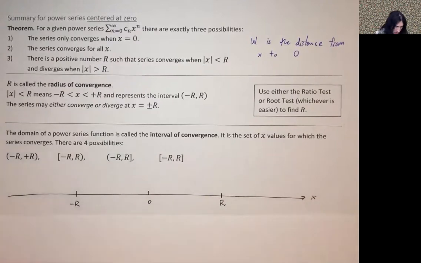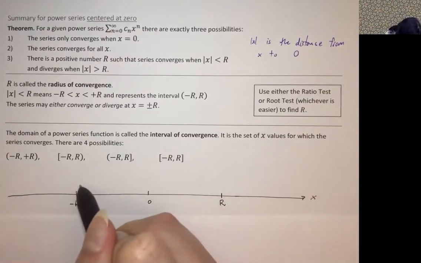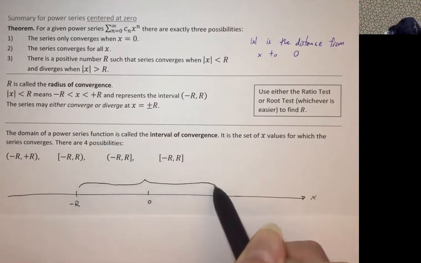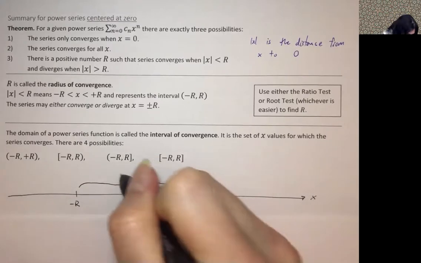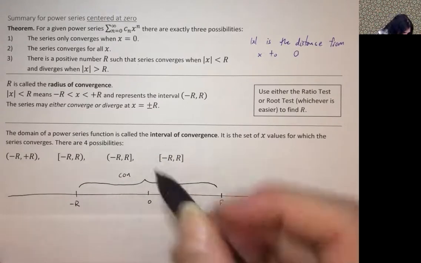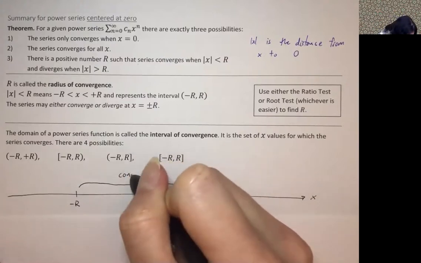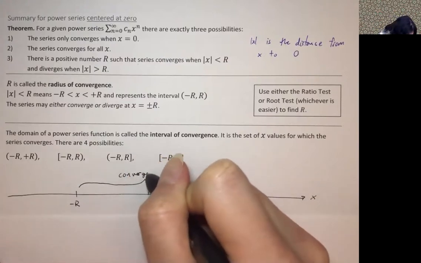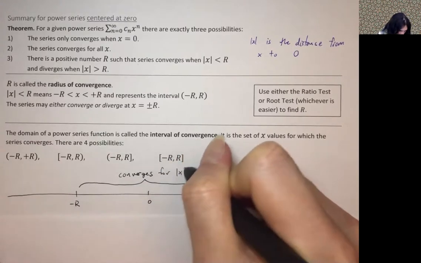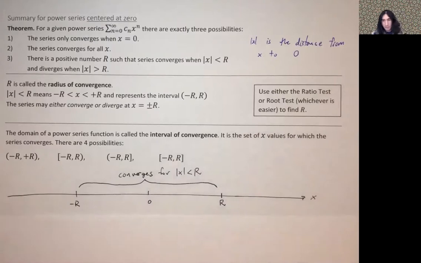And what we're saying is that everything in between minus r and r, we have convergence, for absolute value of x less than r, to say it out properly.